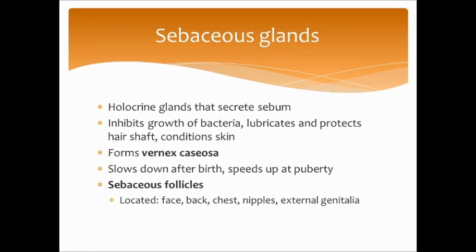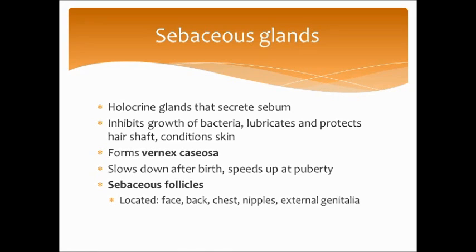Sebaceous glands also form the vernix caseosa. The vernix caseosa is made by very active sebaceous glands during fetal development, and it coats the baby in this cheese-like film, so that when they're born, that's what is covering them, and it helps to protect their skin from drying out.